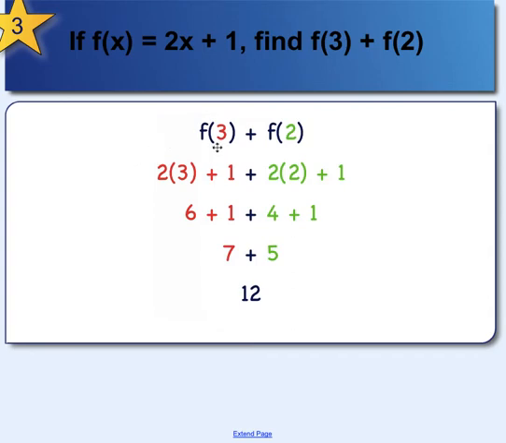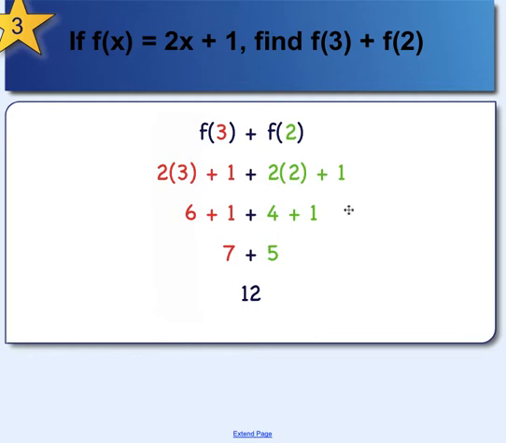We're taking the f function here where we're going to plug in a 3, and we're adding that to the f function where we're going to plug in a 2. So on the left in the red we have the f function with the 3 substitution, and on the right side we have the f function with the 2 substitution.